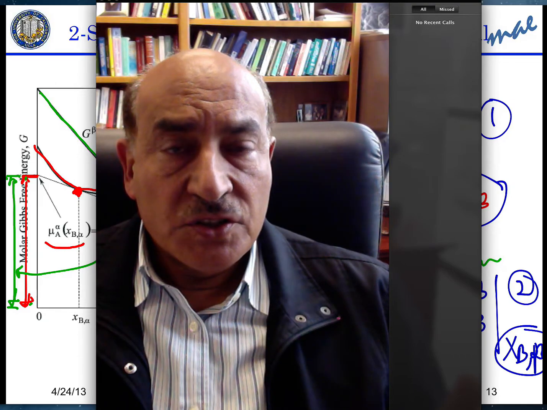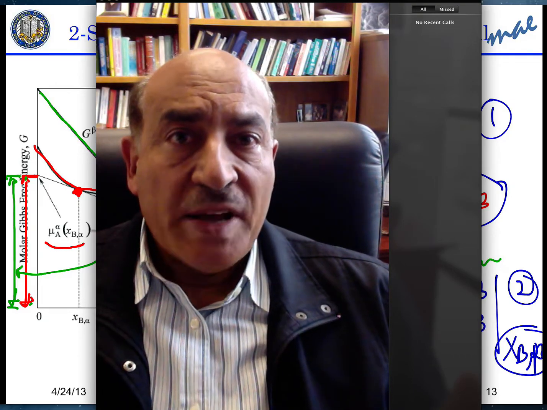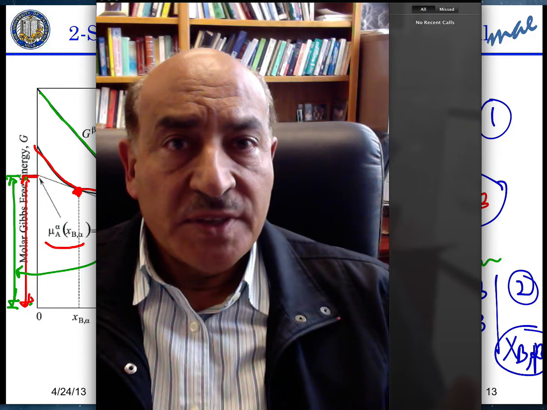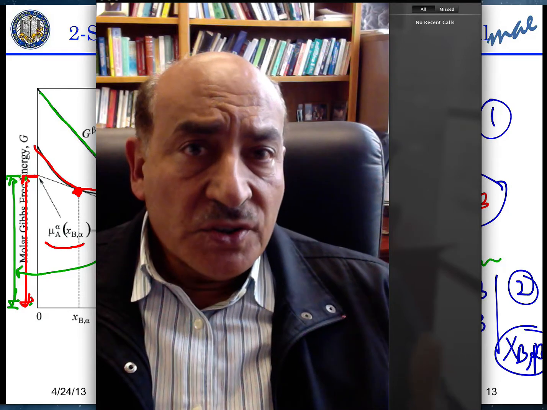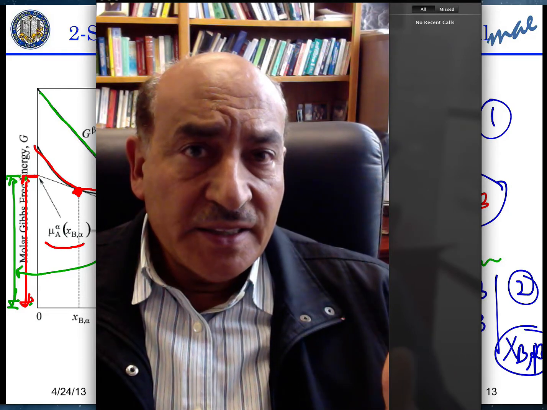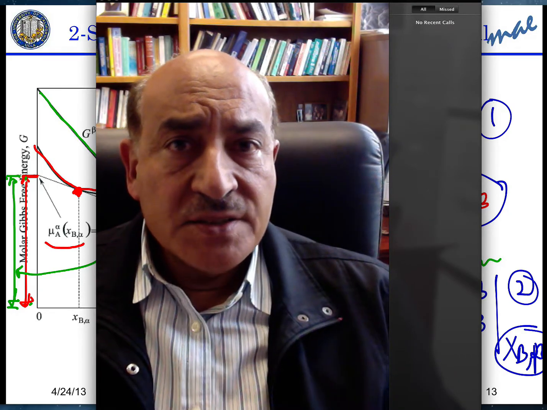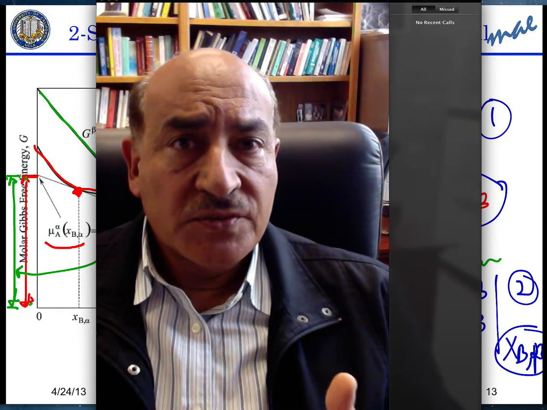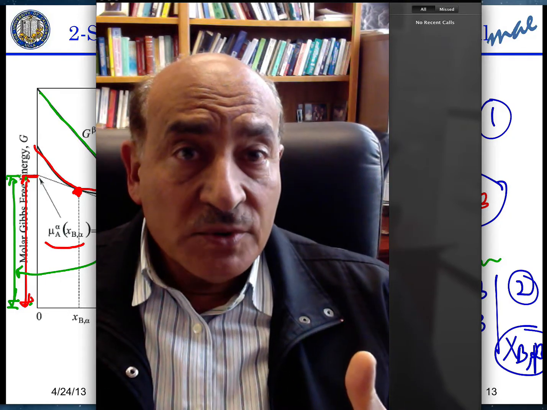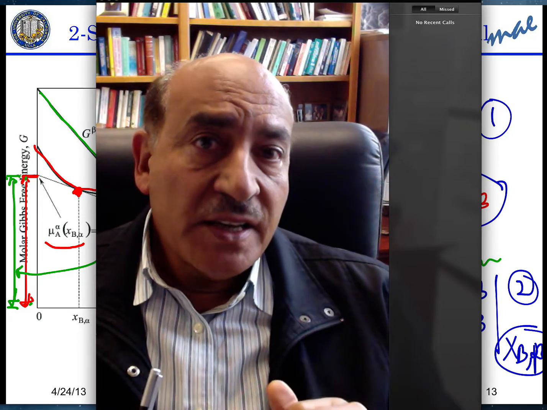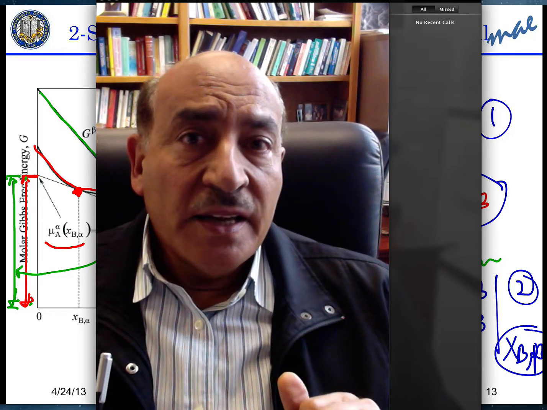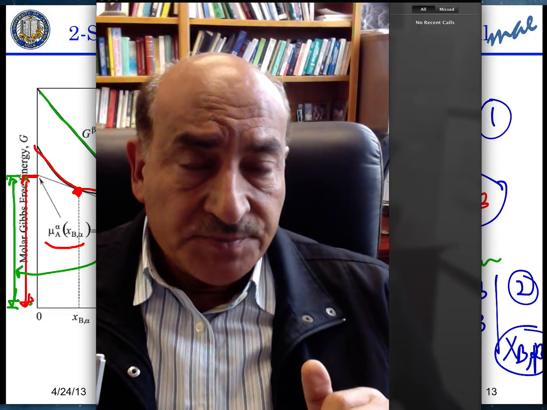The concentrations turn out to be, we have two values for the concentration of B, one related to the phase alpha, one related to the phase beta. We can also obtain the same result numerically, because in a lot of cases we have equations. In order for us to solve the same problem numerically, as we have noted, the G function is nonlinear in the concentration.